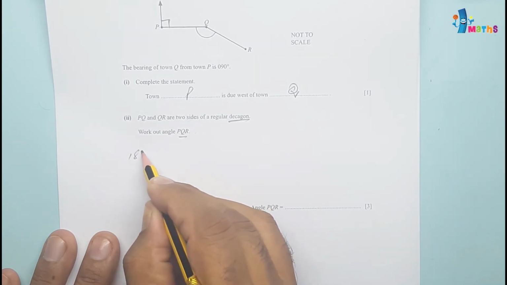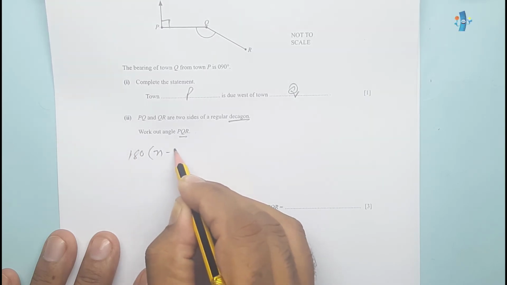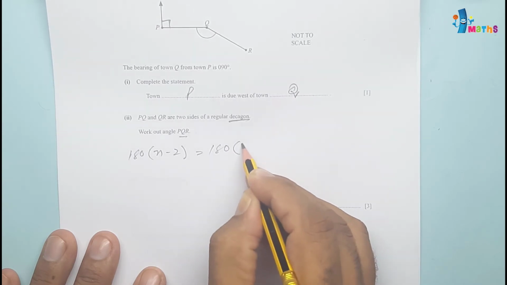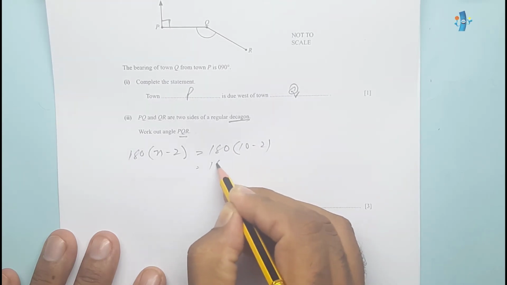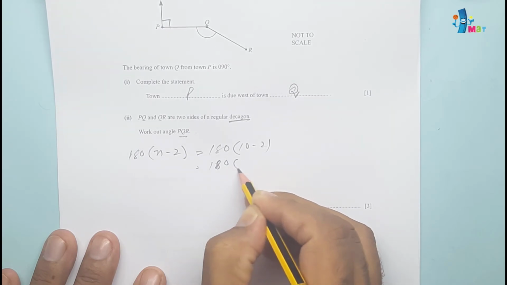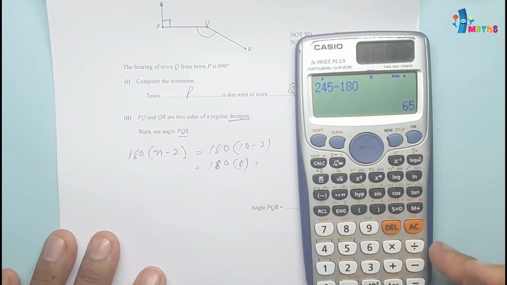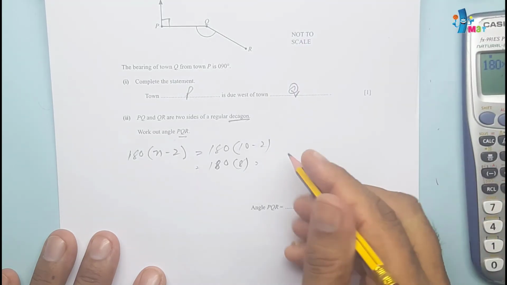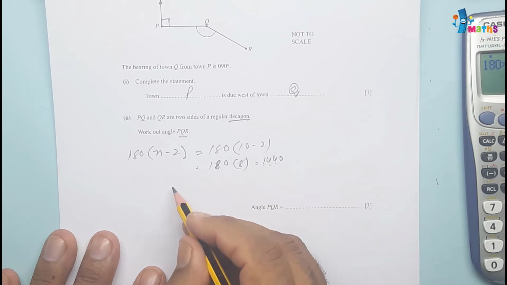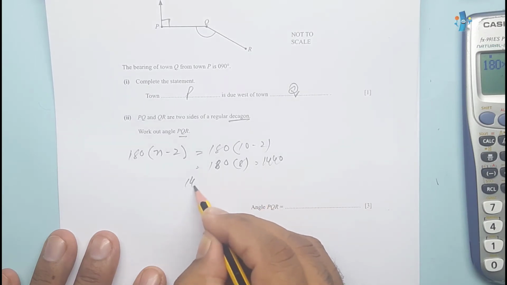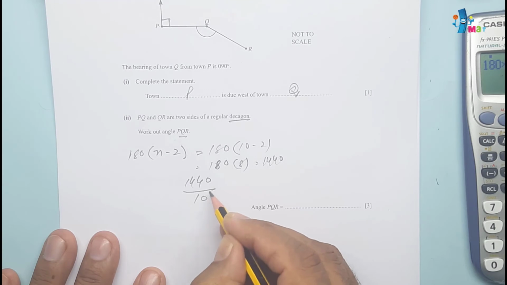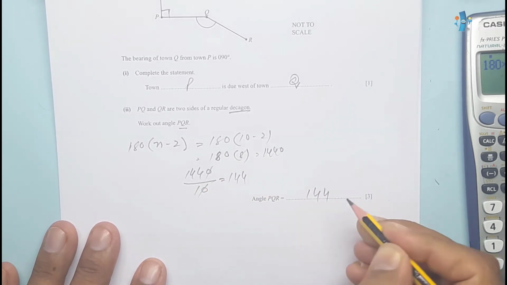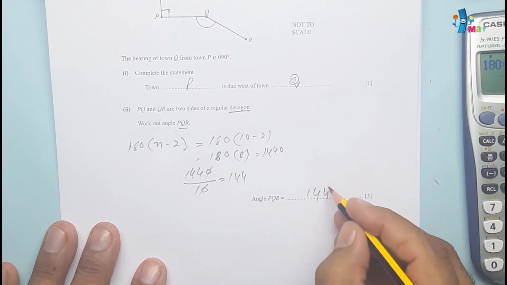So we know 180 into n minus 2 for the number of sides n, and a decagon has 10 sides, so 180 into 10 minus 2, so we can write 180 multiplied by 8, which is equal to 1440. Now a decagon has 10 angles, so divided by 10 will be equal to 144. So our answer will be 144 degrees.